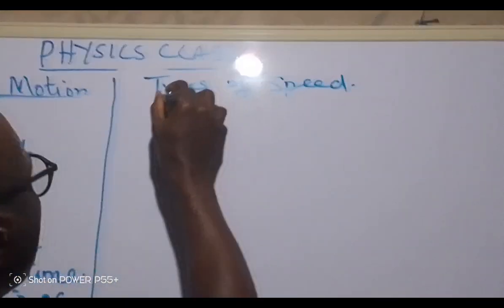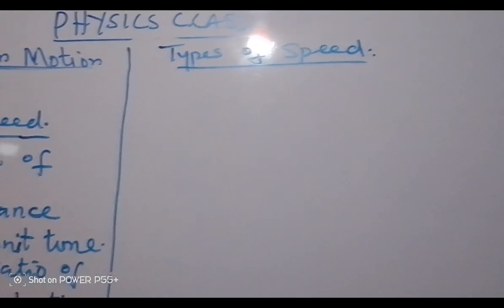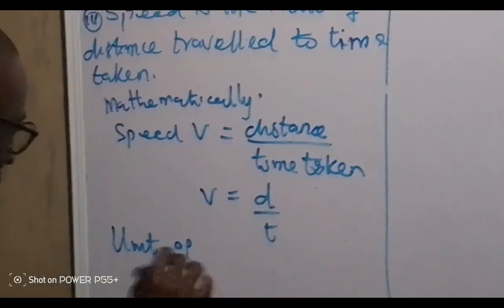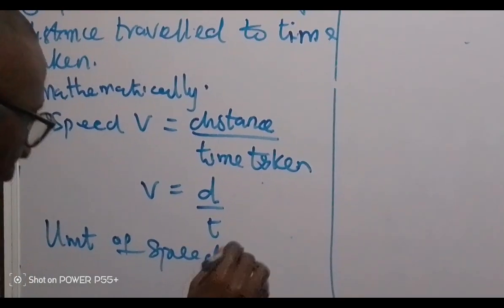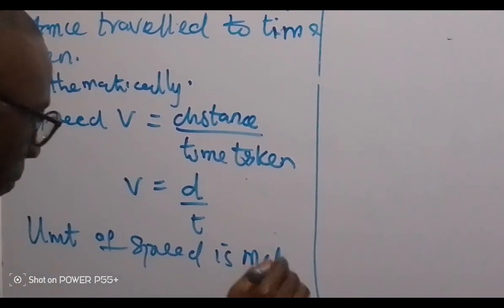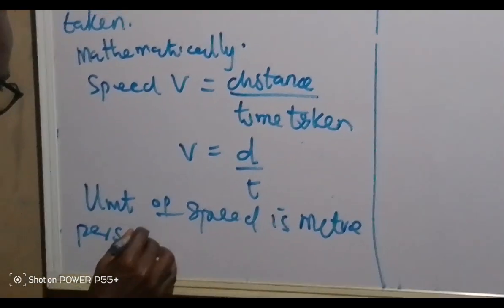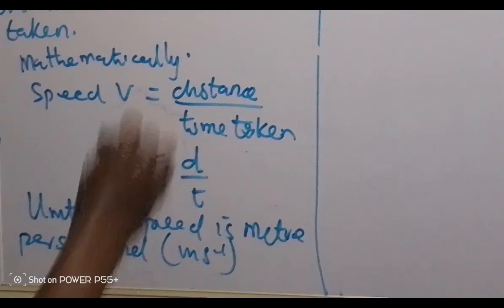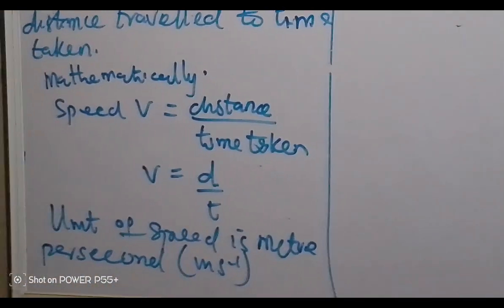But before then, we can now say here the unit of speed. Unit of speed is meter per second. Meter per second. Don't forget, we have done all these things in one of our lessons.